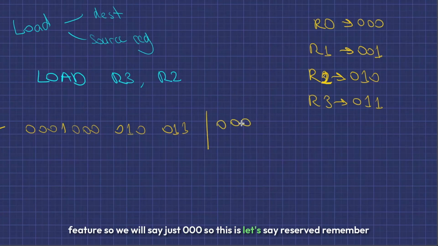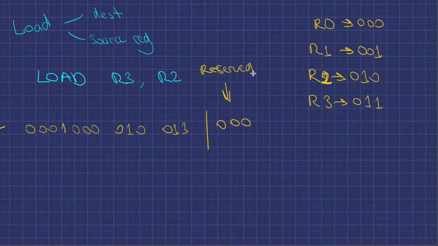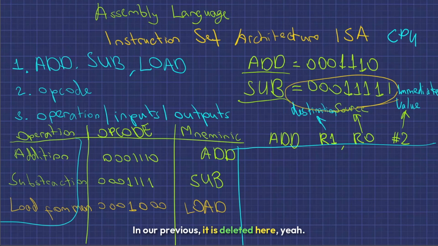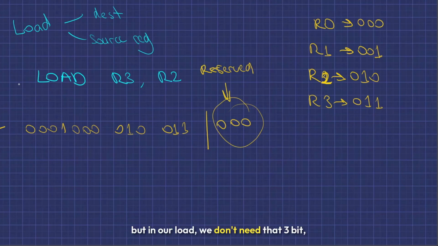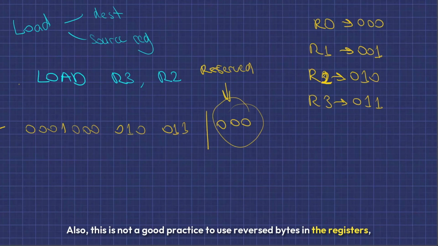So this is, let's say, reserved. In our subtraction and addition we will use these 3 bits, but in our load we don't need those 3 bits, so we will just write 0, saying that it is reserved for now.